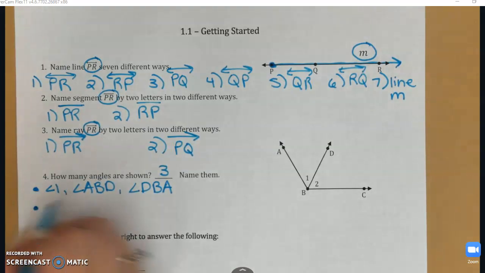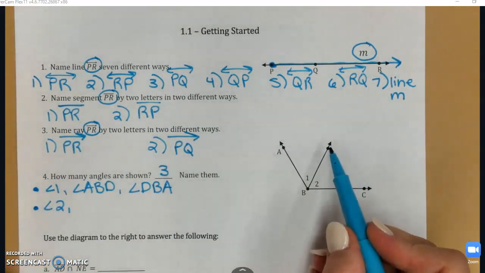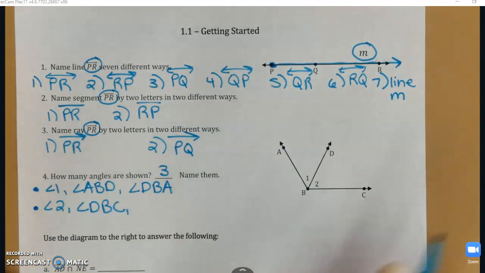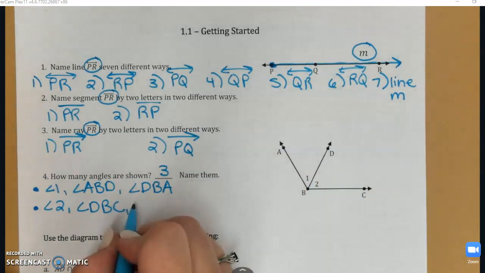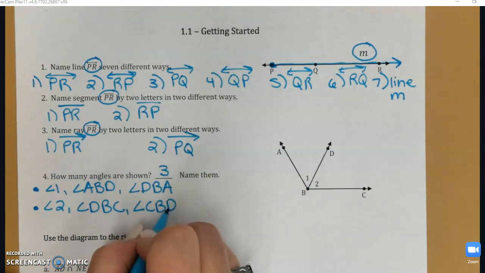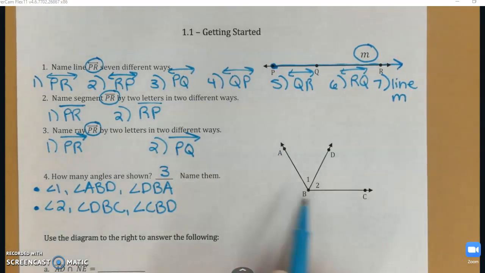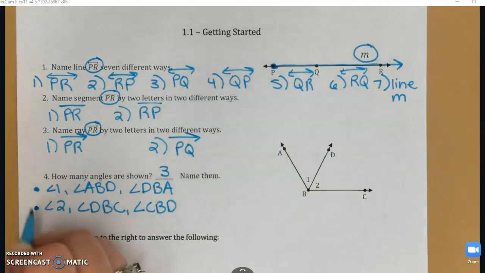The second angle, again, I've got angle 2, I could call it angle DBC or angle CBD. And again, the vertex is always that middle letter. Our third angle is the one formed by combining angle 1 and angle 2.